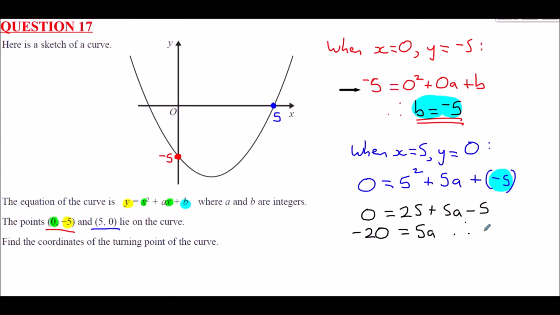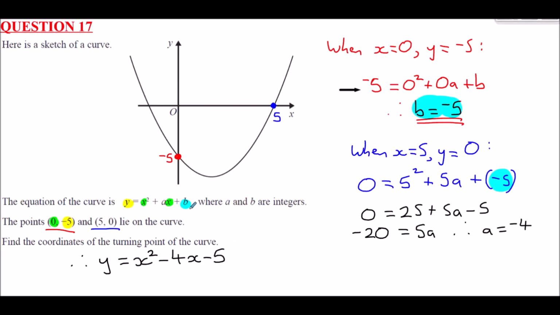Therefore, dividing by 5, a must be -4. So this equation is therefore y equals x squared. A is -4, so plus ax is the same as -4x. And likewise, b is -5, so that's the same as saying plus -5, which is just obviously -5.